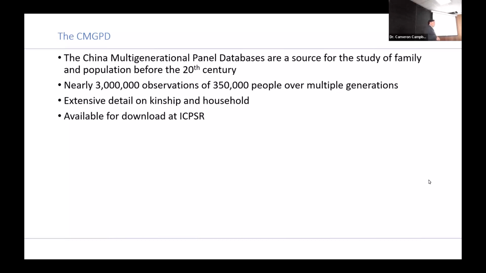There's more migration, people move in and out, and so forth. These are closed populations, so exits from the region are actually rare. You can follow people with some certainty that you're not losing a lot of people over generations to out-migration and so forth. And they're all available at ICPSR. I'll put up the links later.